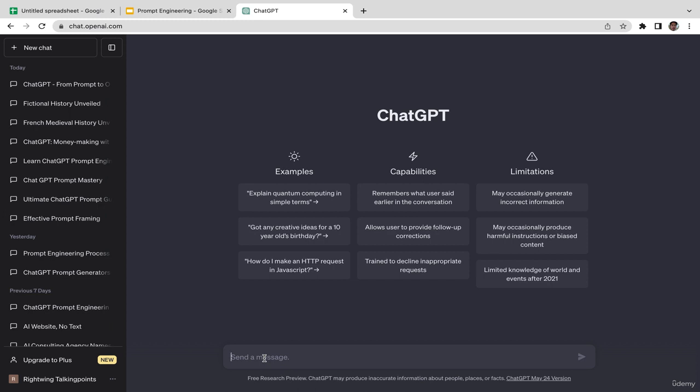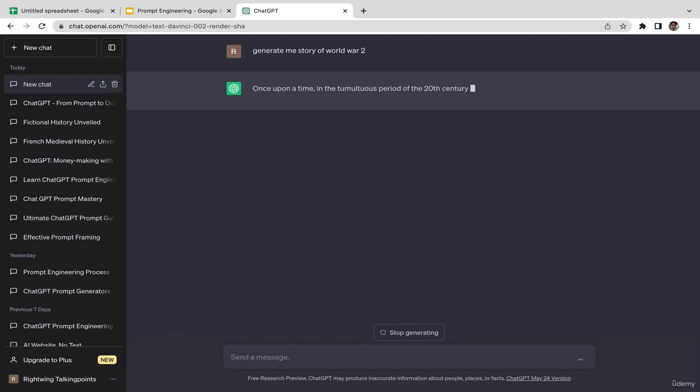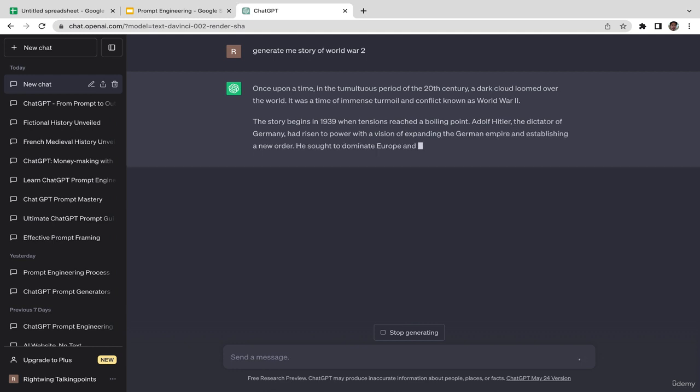Let's say we want ChatGPT to generate a story about historical events in World War II, but actually we want to specifically get the story of the battle in Iwo Jima. Just an example, right? However, if we make our prompt too broad, too general, let's see, we just create our prompt like this: generate me story of World War II. That's it.